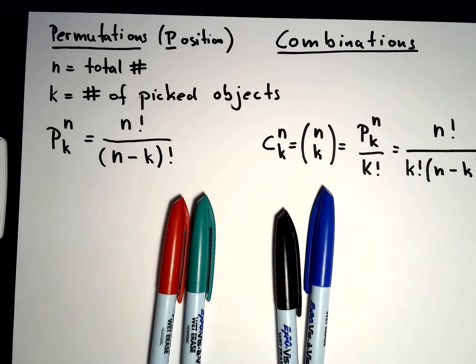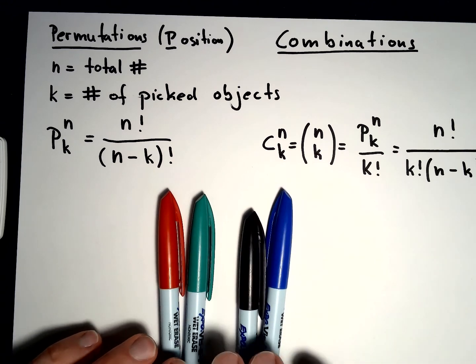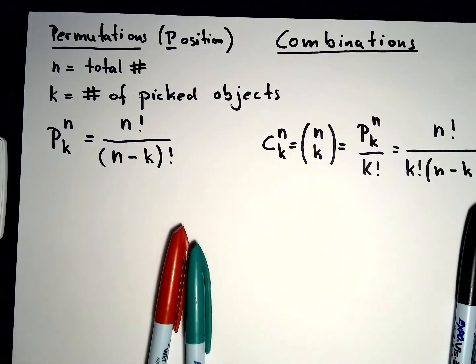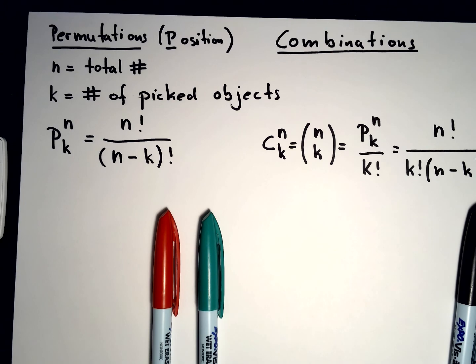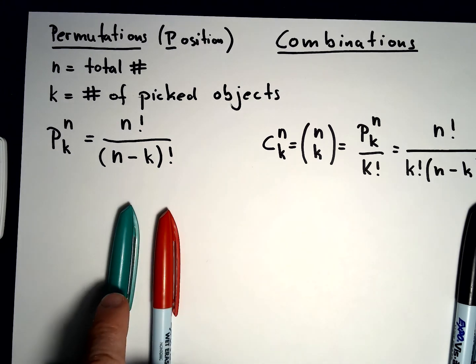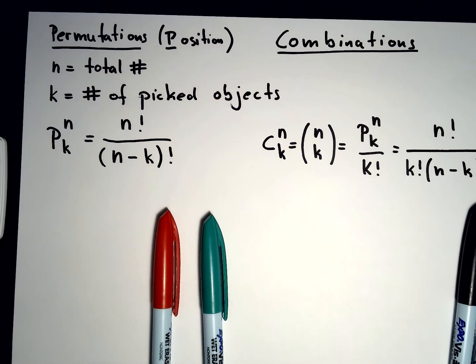Permutation lists all the number of arrangements that are ordered. So if I have 4 objects and I pick 2, then green and red is one possibility. But note, since the position matters, we have red and green as one arrangement, and green and red is a second arrangement. We will see that with combinations, green and red is the same as red and green.